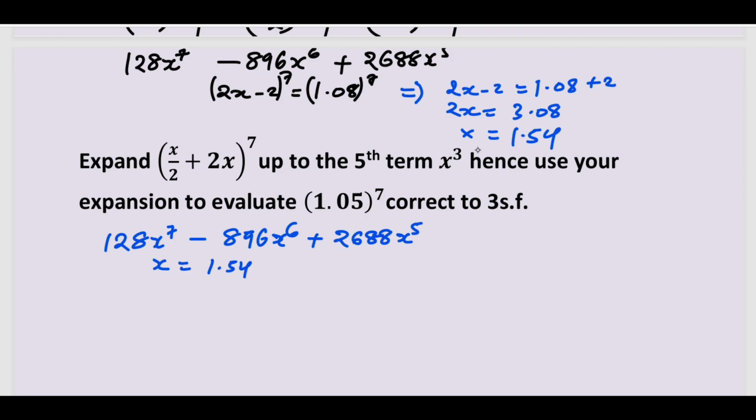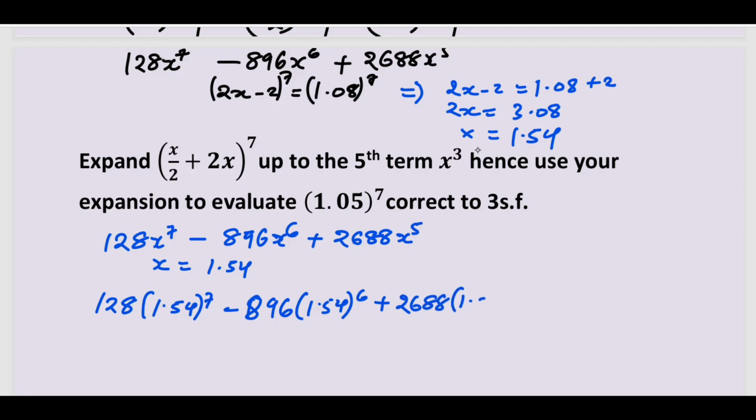So substitute 128 by 1.54 raised to power 7, minus 896 by 1.54 raised to power 6, plus 2688 by 1.54 raised to power 5.